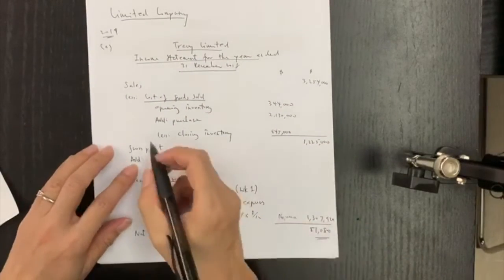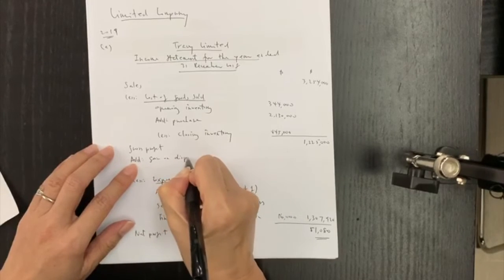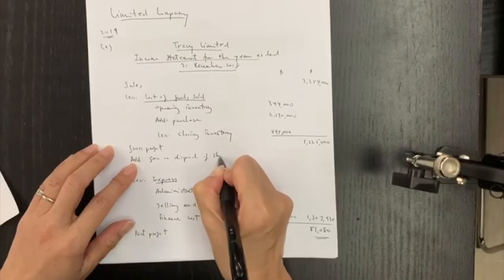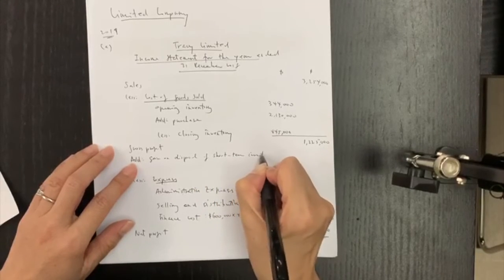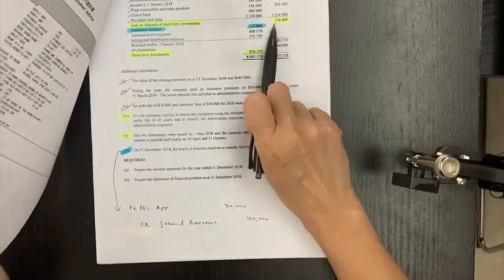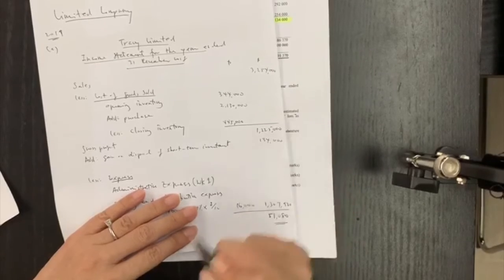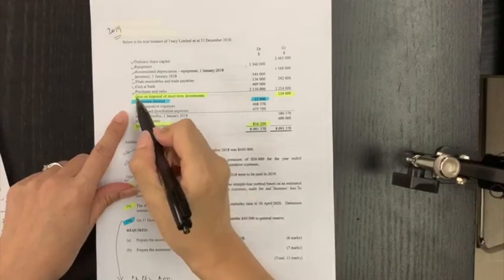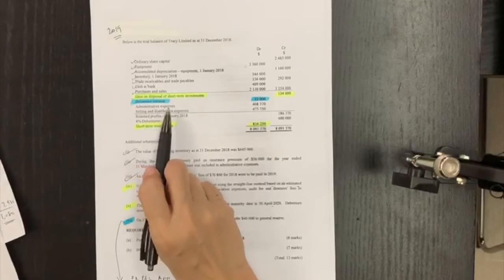Here, after gross profit, I add gain on disposal of short-term investments, which is 134,000. Okay, so we have done this, debenture interest done, and then administrative expenses.